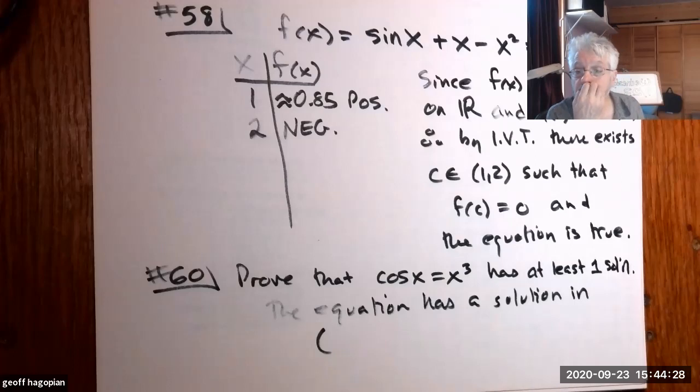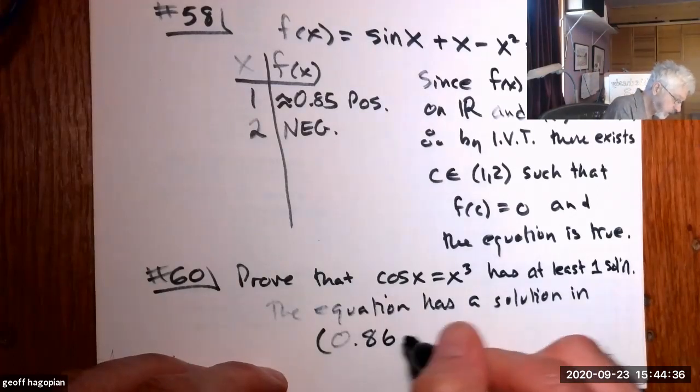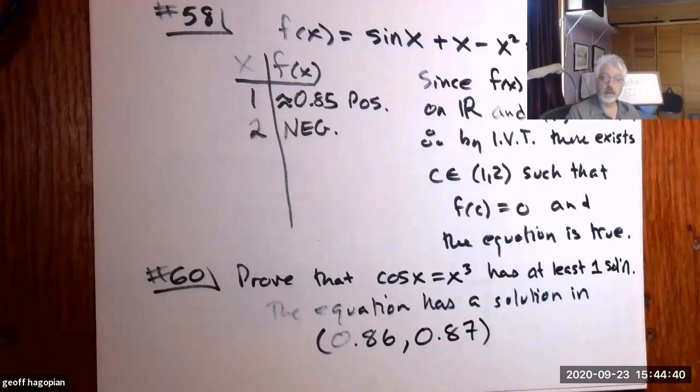So within 1/100th, I can say 0.086, 0.087, right? There. So that's an interval that contains the solution, which is going to be some irrational number, actually, right? So we can't write the solution exactly, as far as I know.